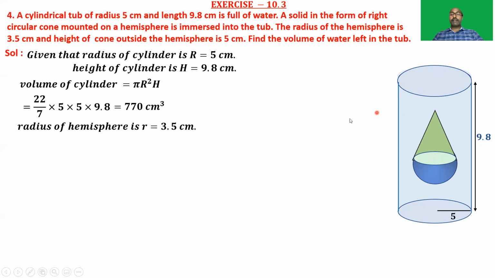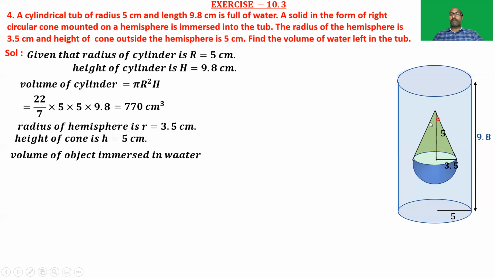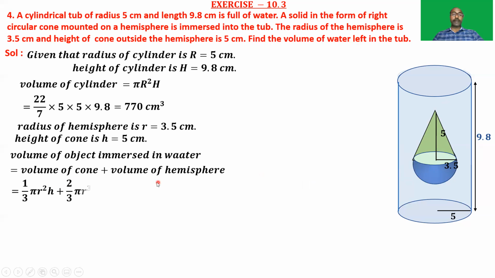Now the radius of the hemisphere is 3.5 centimeter and the height of the cone is 5 centimeter. Now the volume of the object immersed in water, that is this toy, is the volume of cone plus volume of hemisphere. The volume of cone is 1 by 3 pi r square H and the volume of hemisphere is 2 by 3 pi r cube.